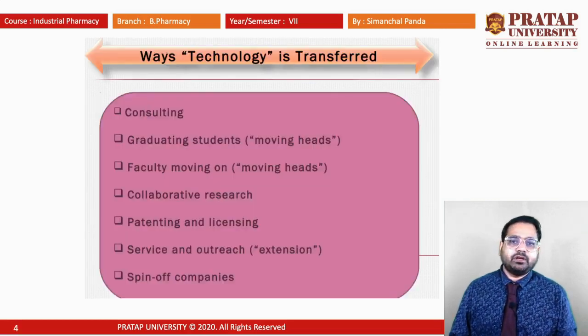There are different ways by which technology is transferred. The first one is consulting. We have to ask the consumer, we have to consult each and every marketing area, and we can manage the need. We can graduate the students by making different technology aiding.